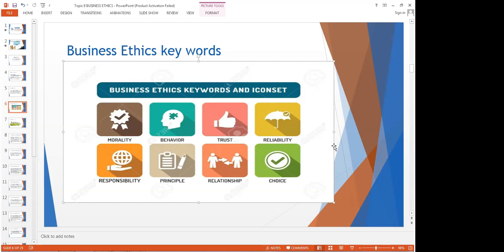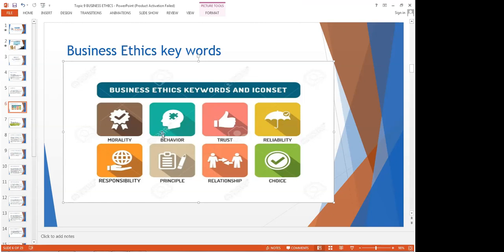Now, that was a detailed photo, and you can see the drawings. There is a concept of basic business ethics keywords.